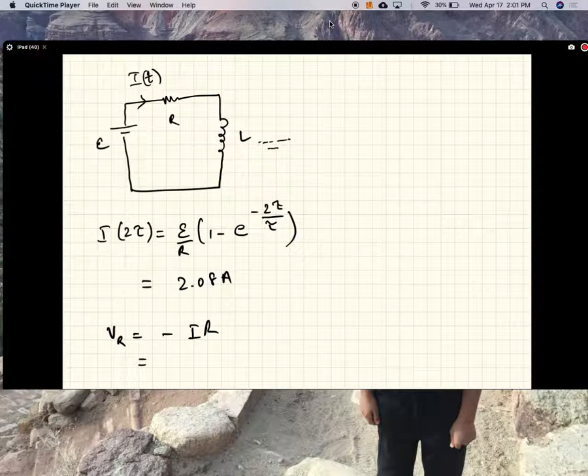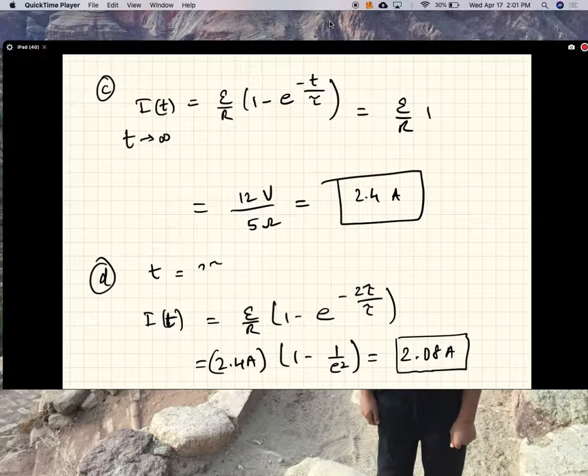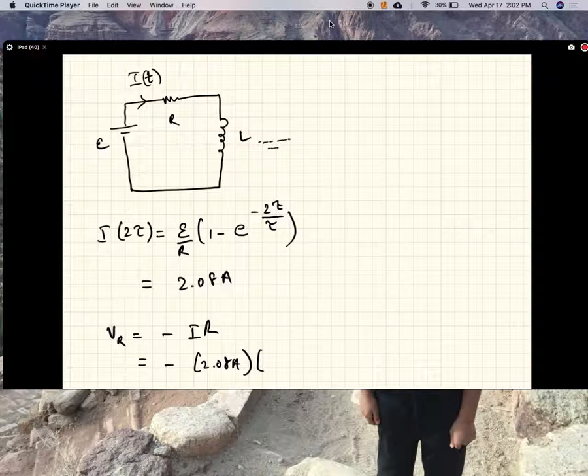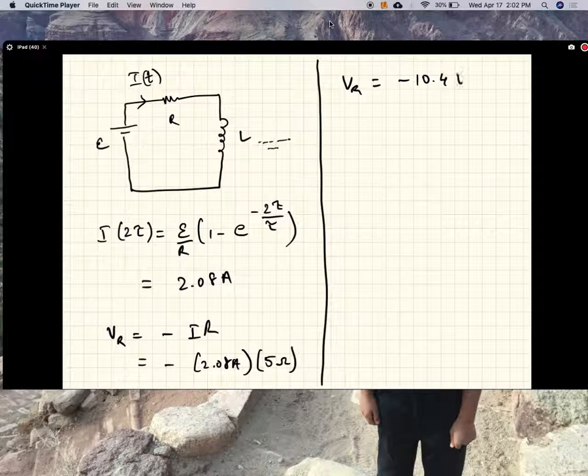It's minus IR, equal to minus 2.08 amps times R, and R is 5 ohms. So 2.08 times 5 is minus 10.4 volts, and the voltage across the inductor is minus L di by dt.